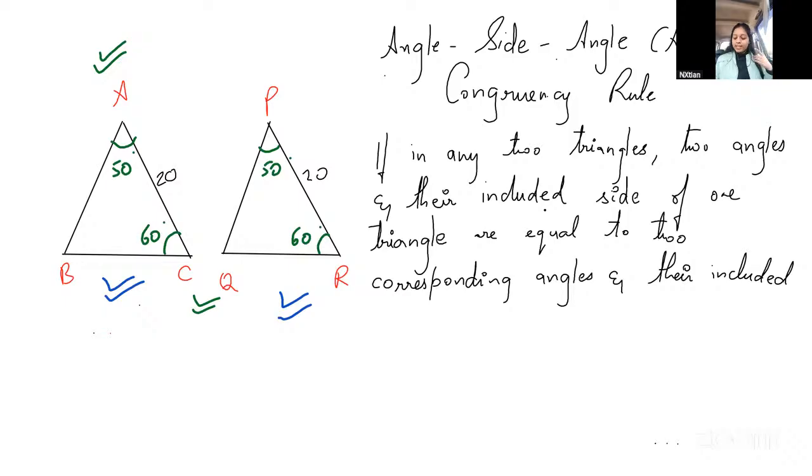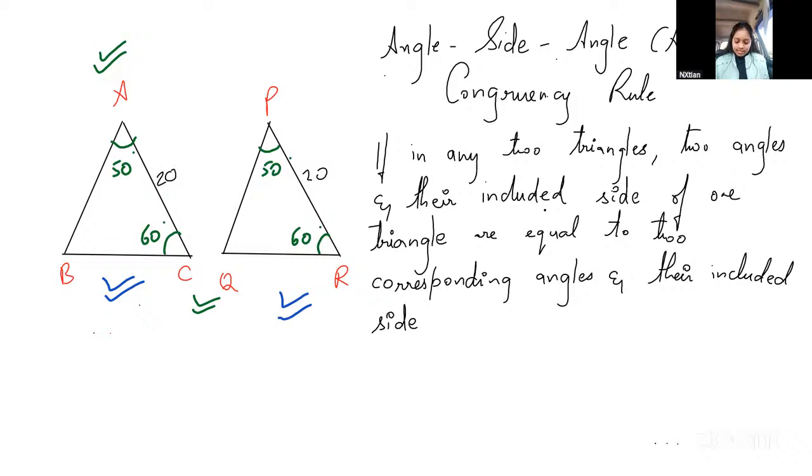When I say included side, it means the side between the angles. In SAS, when I said included angle, it means the angle is between the two sides. Here, the side is between the two angles.